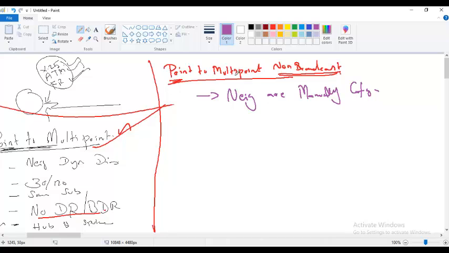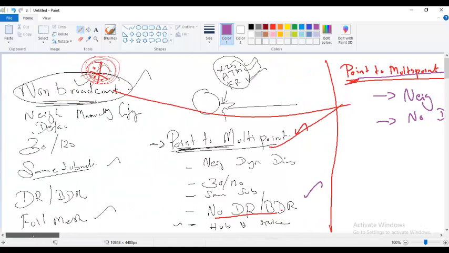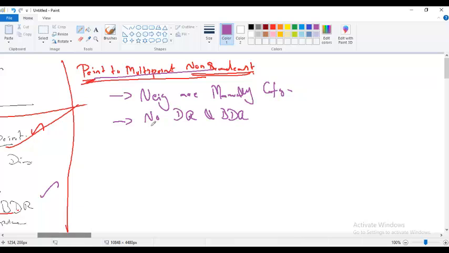Neighbors are manually configured. At the same time, no DR-BDR election. That's why the names are put together. No DR-BDR, we learned from the second one. Neighbors are manually configured, we learned from the first one. So this is the best of both, point to multi-point non-broadcast.